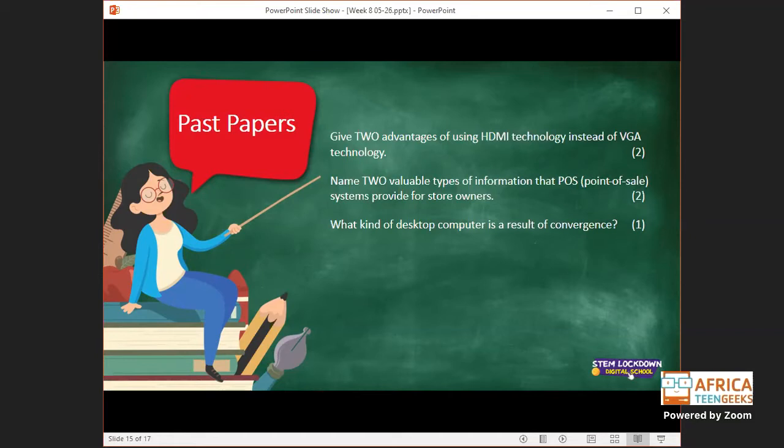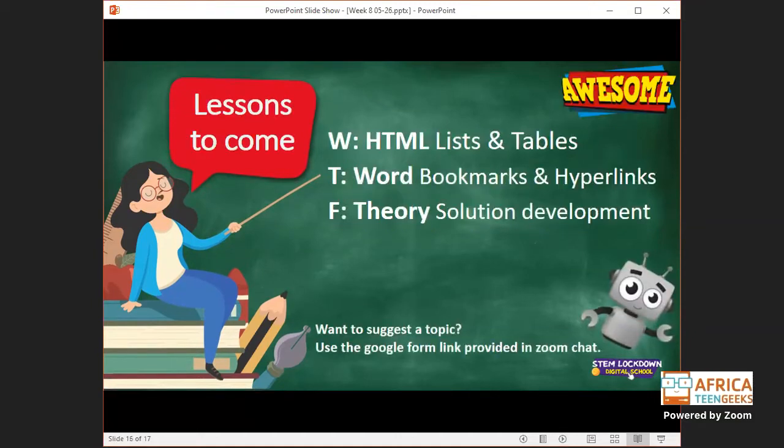Okay, so getting to the end of the lesson now. For Wednesday, Thursday, and Friday, we are doing a little bit of HTML. We're going for bookmarks and hyperlinks, and then we'll do some solution development theory. I've seen a few people said they want solution development to help with, so we're going to do that, and HTML as well.